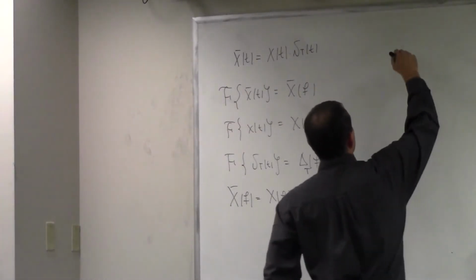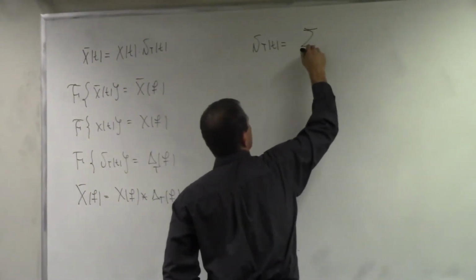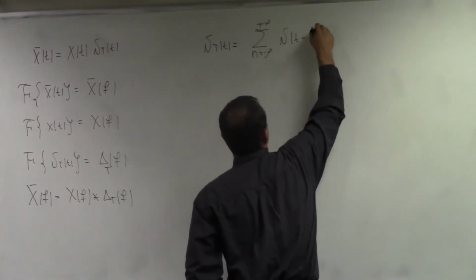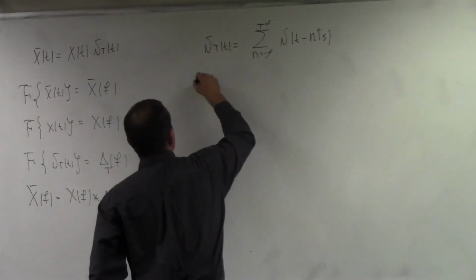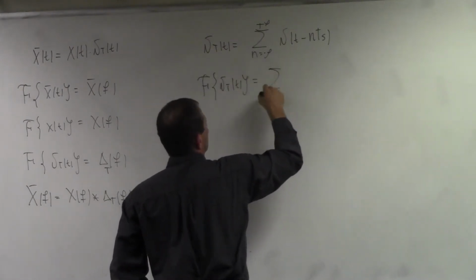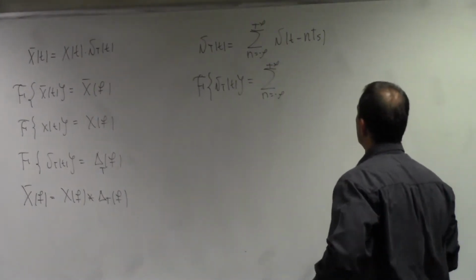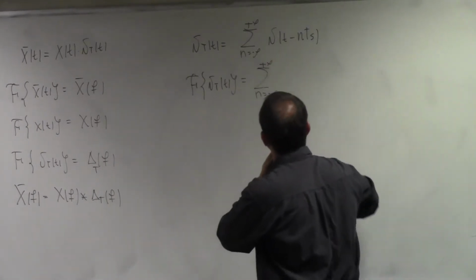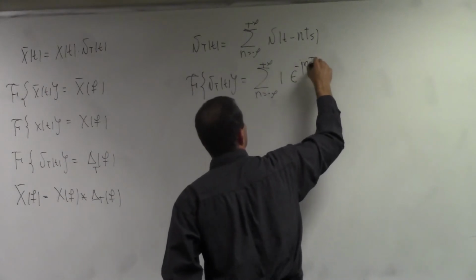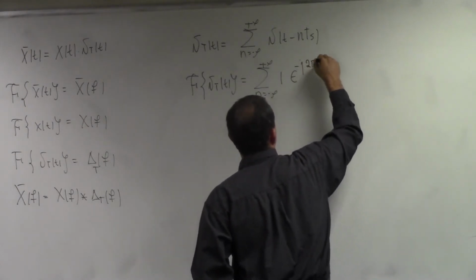Well, delta T of t is the sum, when n goes from minus infinity to plus infinity, of delta of t minus n Ts. So the Fourier transform of delta T of t is the sum, n from minus infinity to plus infinity, of the Fourier transform of this term. It's e to the minus j 2 pi f n Ts, right?